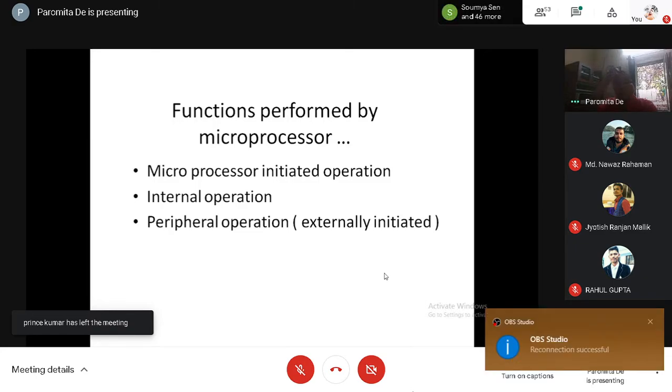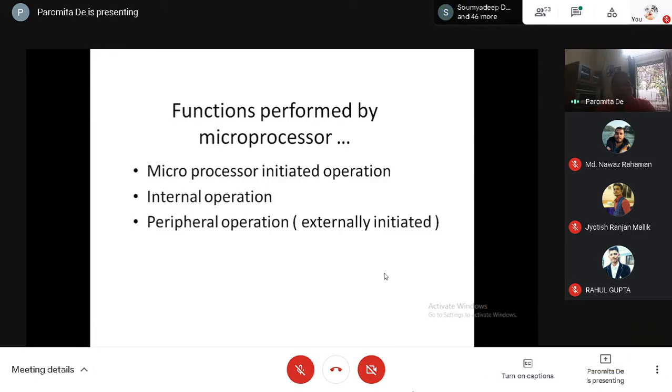The CPU of the computer is not aware when I will click the mouse. Whenever I click the mouse, the CPU comes to know, okay, my mouse has been clicked. So this is peripheral initiated, externally initiated, not expected by this processing unit.